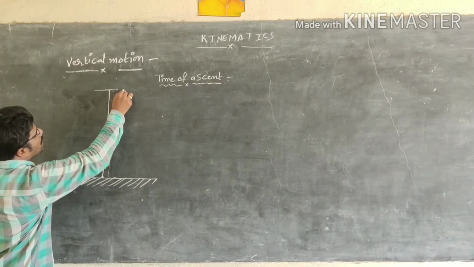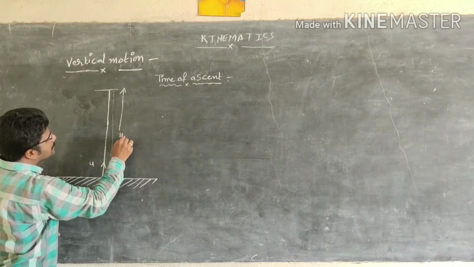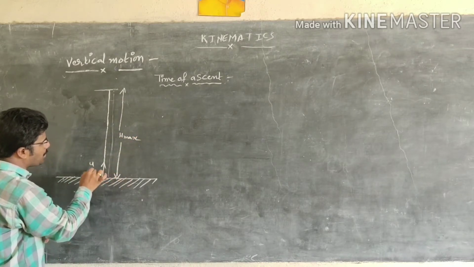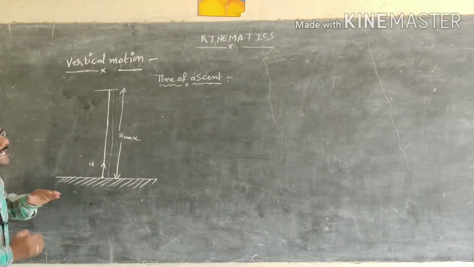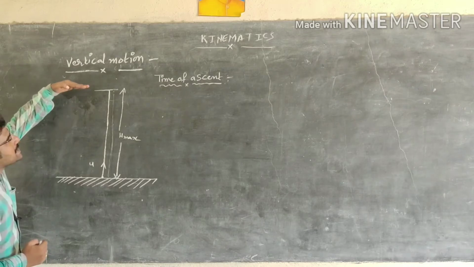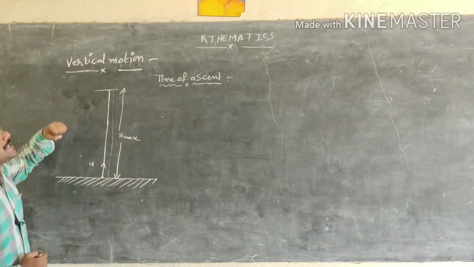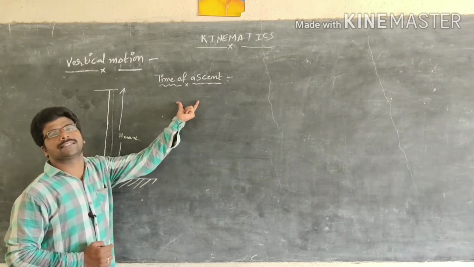This height is known as maximum height. At maximum height, the velocity of the body becomes zero. Now, a body takes some time to reach this maximum height. This time taken by the body is known as time of ascent.